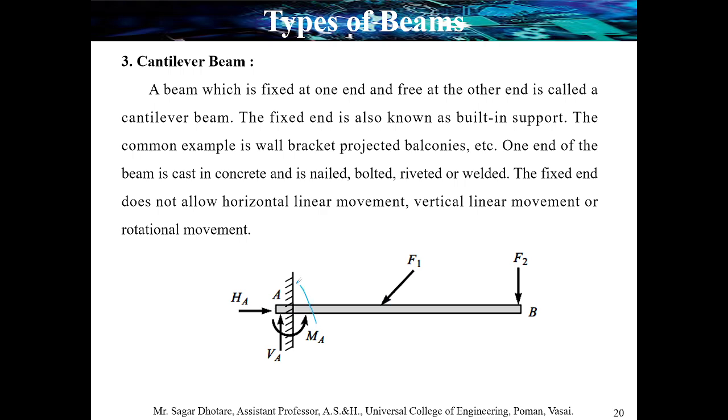In the fixed support, there are three types of forces we can identify: two components of one angular reaction, a horizontal component and a vertical component at point A, and a couple, or moment, at point A. At the free end, no reaction is considered. The fixed support might be welded, bolted, nailed, riveted, or concreted; any method can be used for making the fixed support.